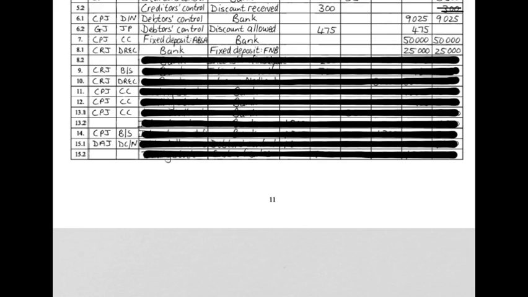Then also, bank is increasing furthermore with an extra 250 Rand. Why? Because of interest on fixed deposit. And interest on fixed deposit is known as an income. So owner's equity is increasing with 250 Rand. Both of these will be recorded in the CRJ with a duplicate receipt.